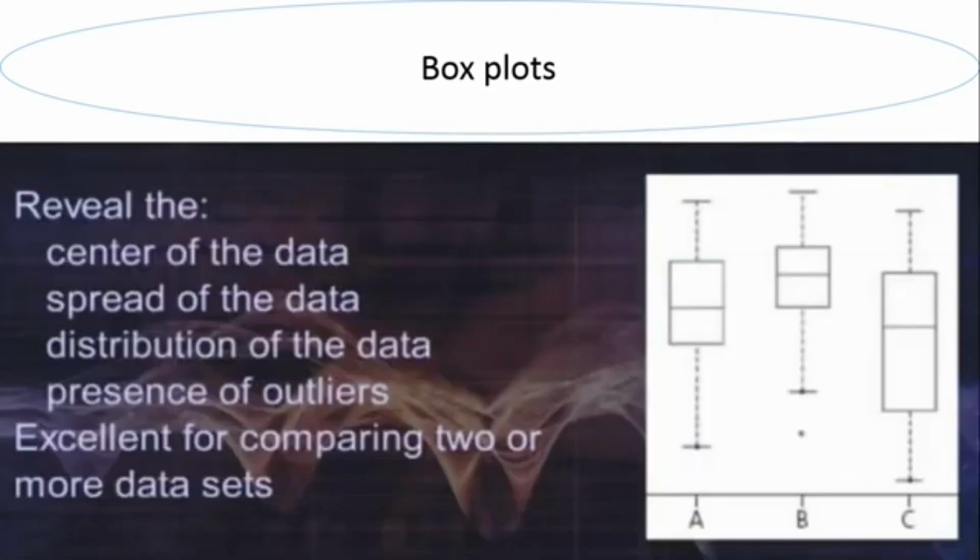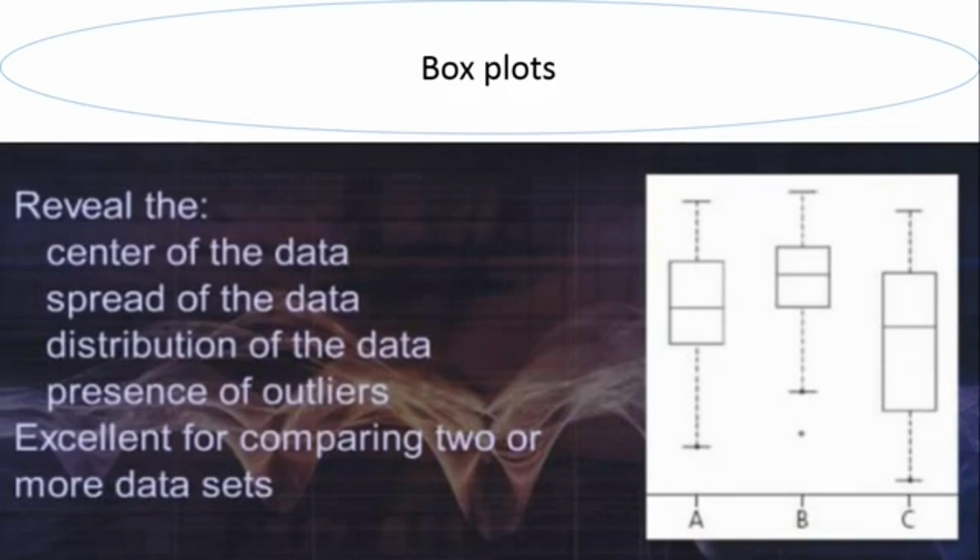So the box plot can reveal those outliers, the center of the data, shown on the graph by the horizontal line, and the spread of the data. You can also see the distribution of the data and the presence of outliers, as I said. It is excellent for comparing two or more data sets.